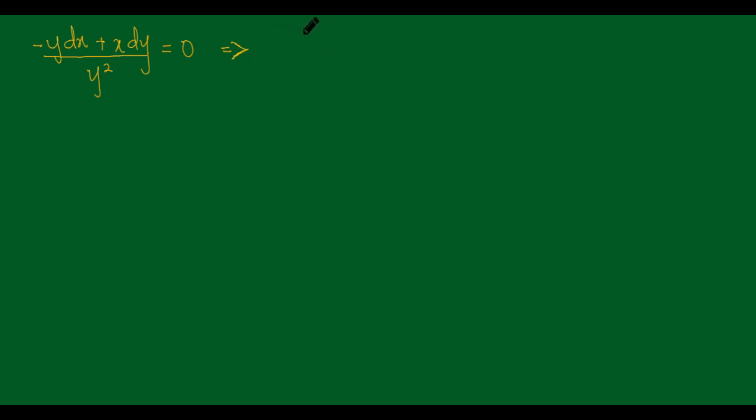The quotient rule states that v du dx minus u dv dx divided by v squared represents d dx of u all over v.